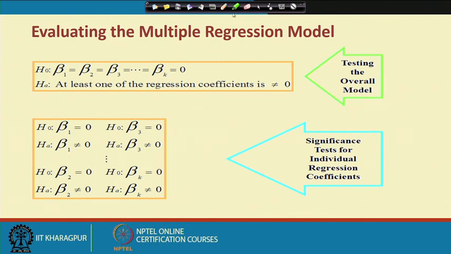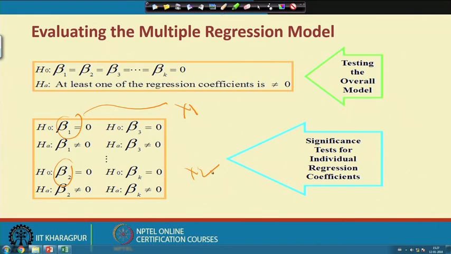So, that means in this case we have actually two parameters, that is beta 1 and beta 2. Beta 1 is reflected by x 1 and beta 2 is reflected by x 2. So, we would like to know which particular variable is significant and which is not significant.